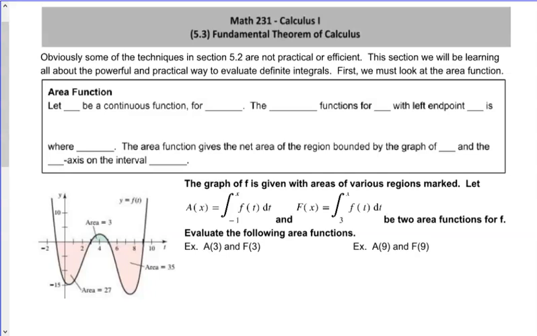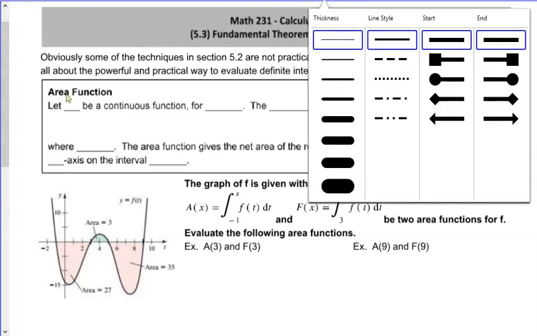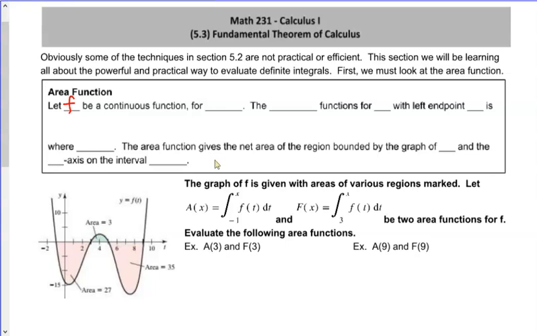So the first thing that we must look at is the area function. We are going to let f be a continuous function for a value t that is greater than or equal to a. The area function for f with the endpoint a is A of x is equal to the integral from a to x of f of t dt.